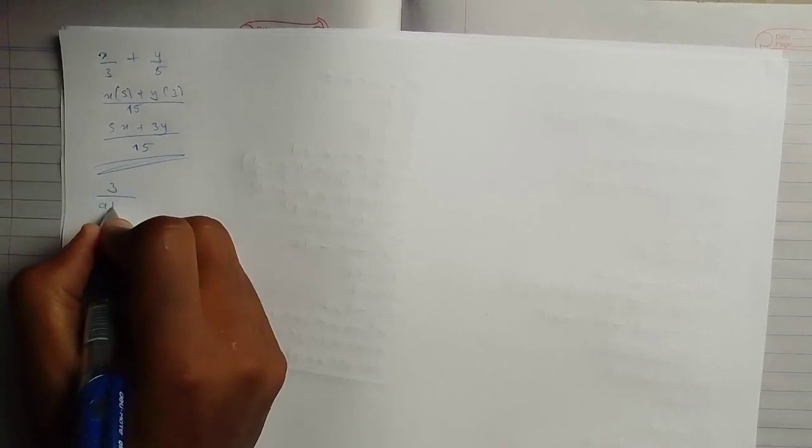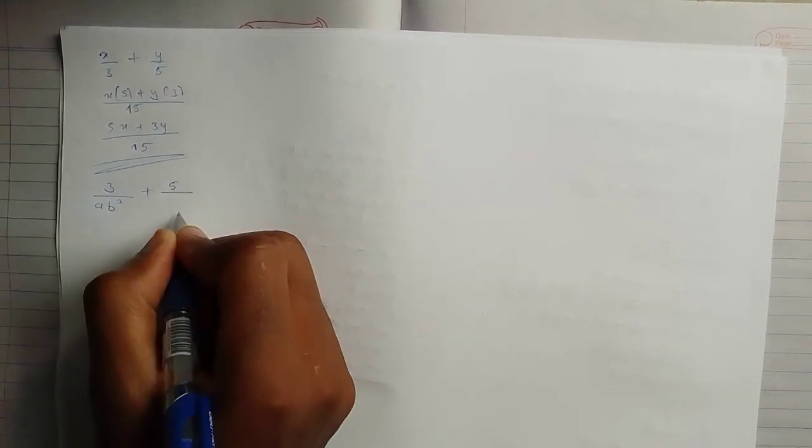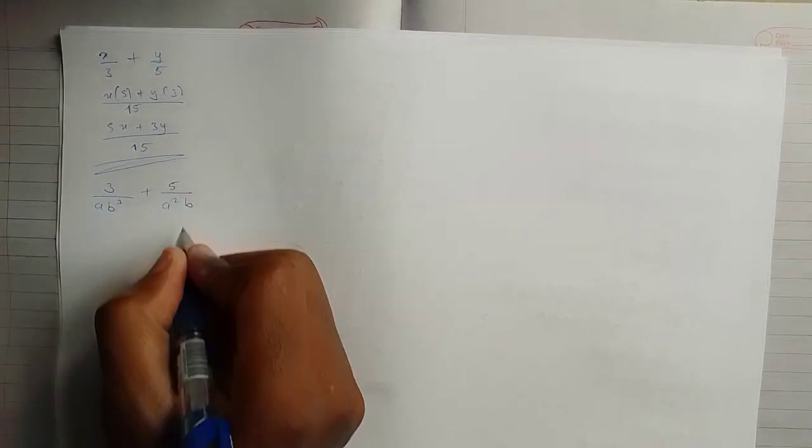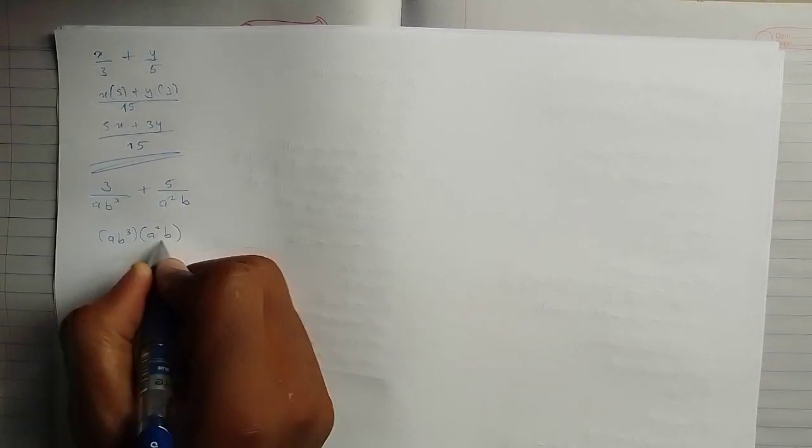Another example is, let's say you've been given 3 over ab to the power 3 plus 5 over a squared b. Again, we're multiplying these two, ab to the power 3 and a squared b.